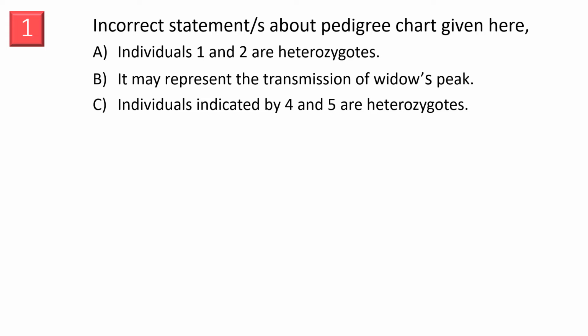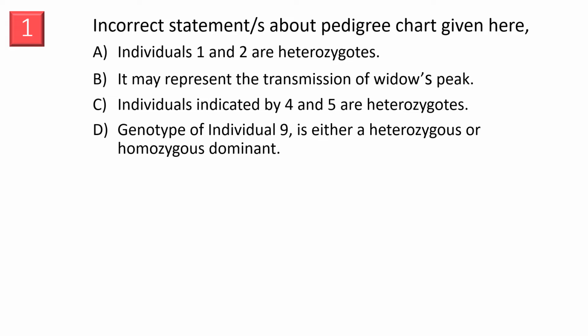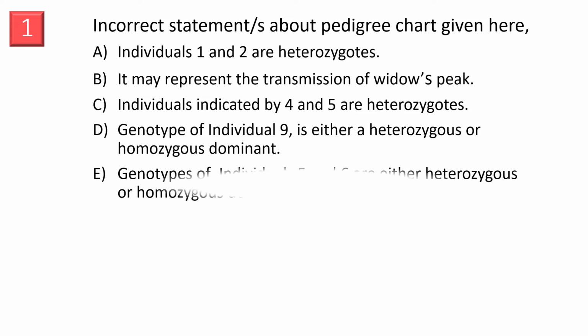C. Individuals indicated by 4 and 5 are heterozygotes. D. Genotype of the individual 9 is either a heterozygous or a homozygous dominant. E. Genotypes of individuals 5 and 6 are either heterozygous or homozygous dominant.